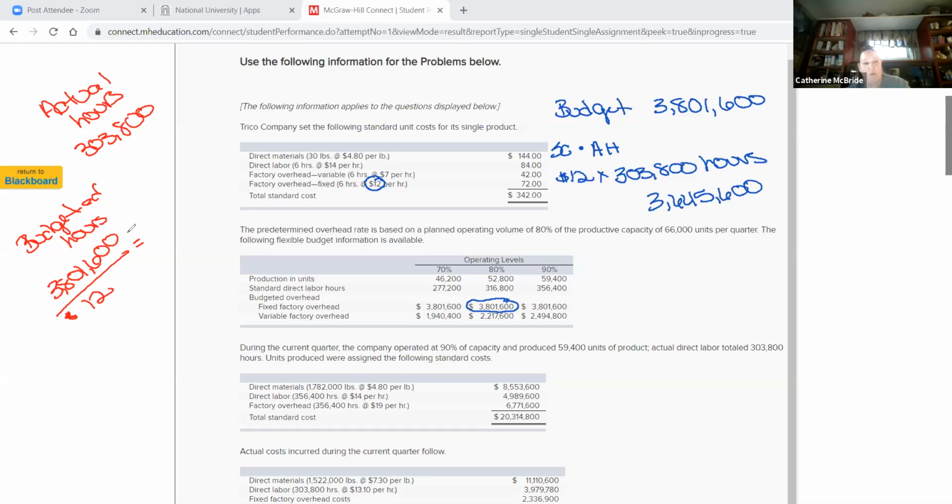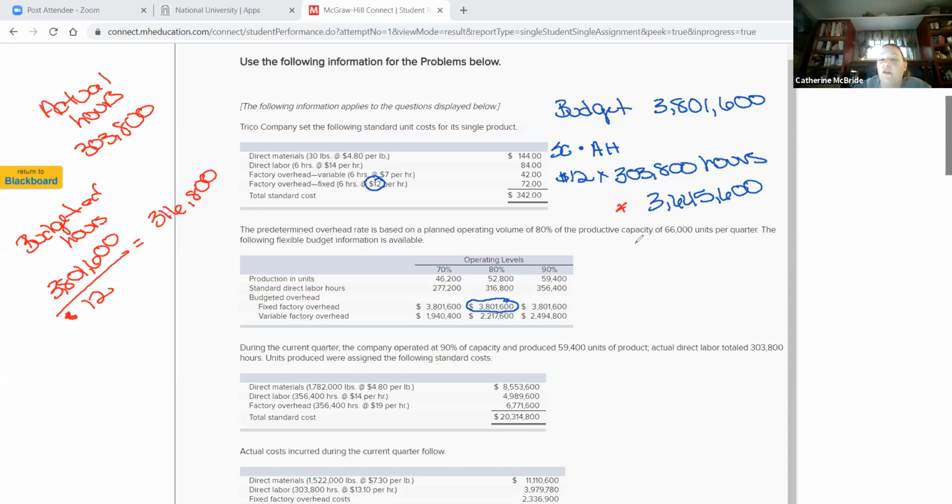That gives 316,800. So we had budgeted 316,800 hours, but we only used 303,800. That's why our actual here is less than our budget.